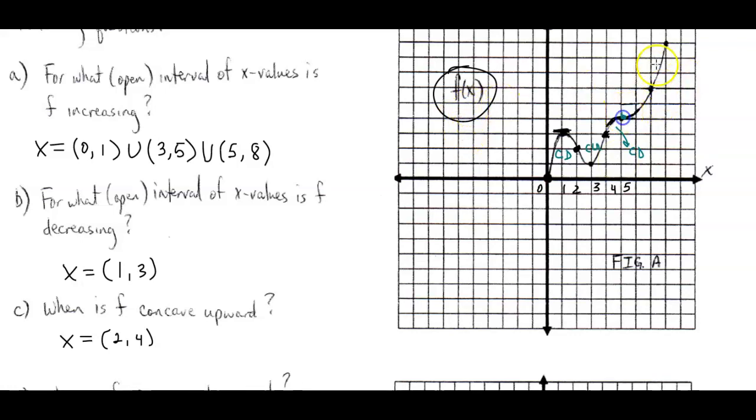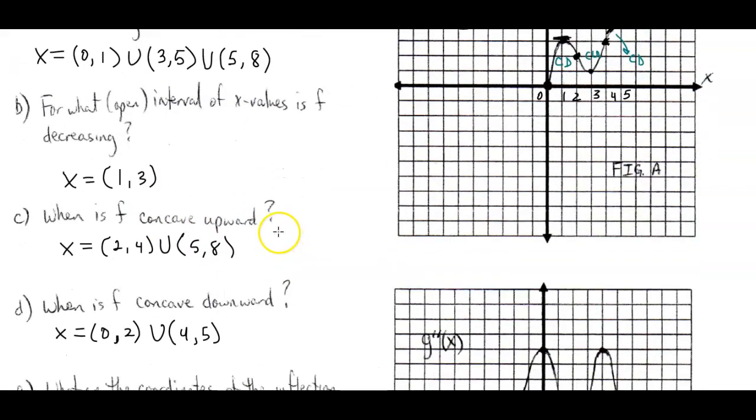So from this point to this point, our graph's going to be concave up again. So we'll just say from 5 to 8, it'll be concave up. All right, so hopefully you understand how we picked out whether the graph was concave up or concave down, and how we express that in terms of open intervals of x values.